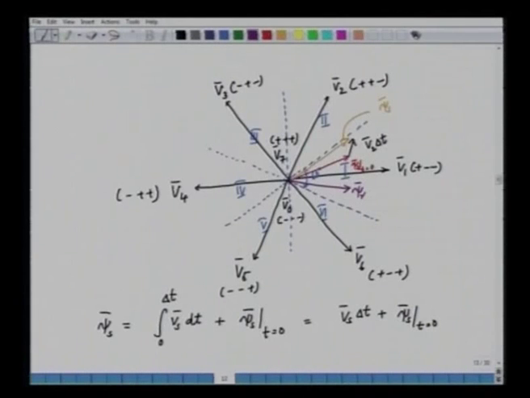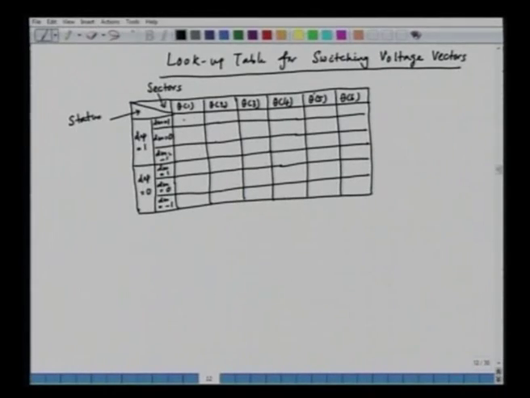So, we have fulfilled the torque status, as the torque has to be increased. Now, what about the flux status? We can see that when we apply this voltage vector, psi s is greater than psi s at t equal to 0. So, the flux has also increased. So, we have satisfied both the torque status and the flux status. So, here we have to apply V2.